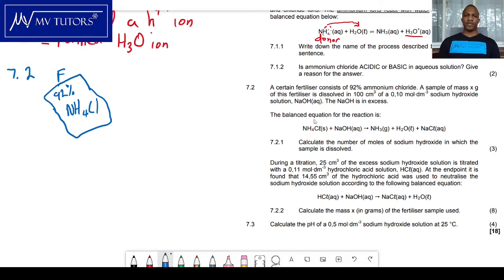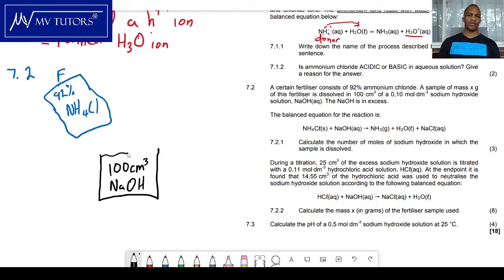Okay, so that's our box of fertilizer. So what's happening now? A sample of mass X of the fertilizer is dissolved in 100 cm³. Okay, now we have a container, and it has 100 centimeter cubed volume. It's dissolved in 100 of sodium hydroxide. So this is sodium hydroxide, NaOH.